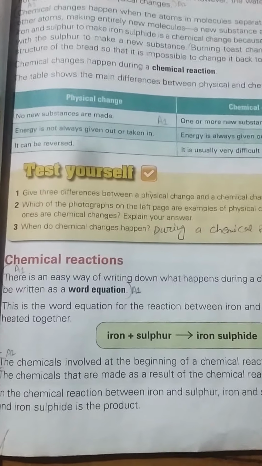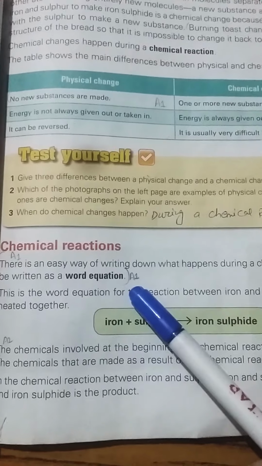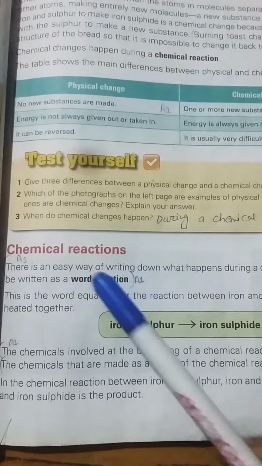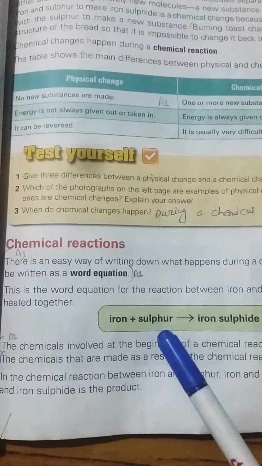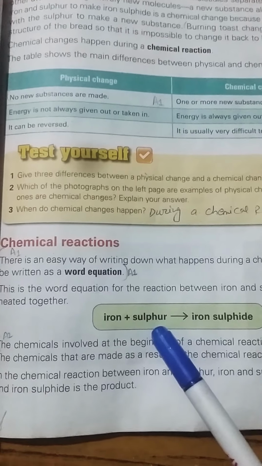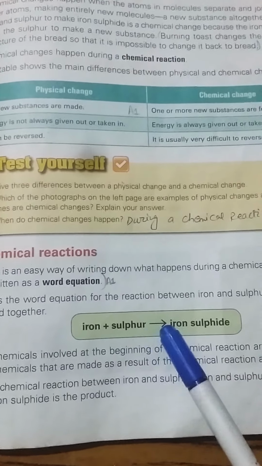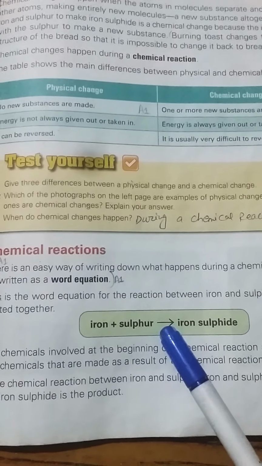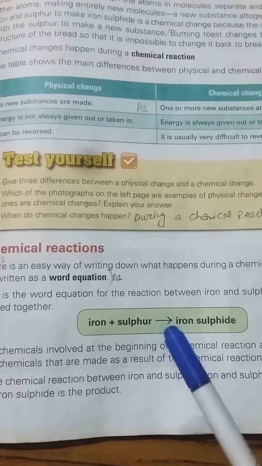The chemicals taking part in a chemical reaction are called reactants. Here in the equation, iron and sulfur are the reactants, and the arrow is showing that the chemical reaction has been done.